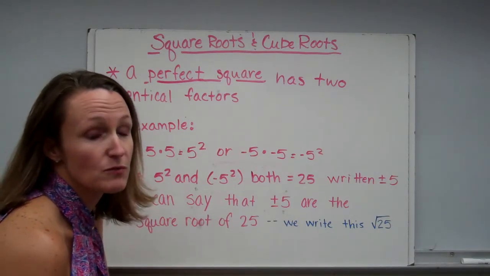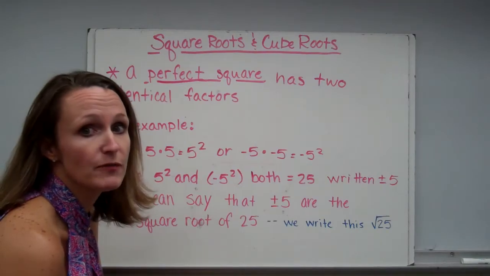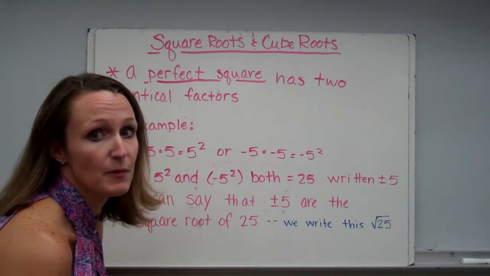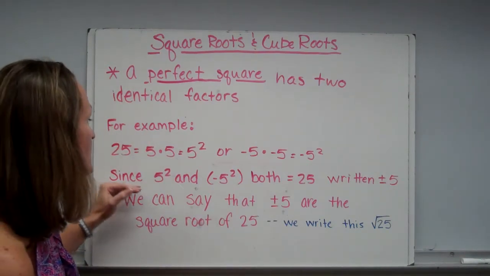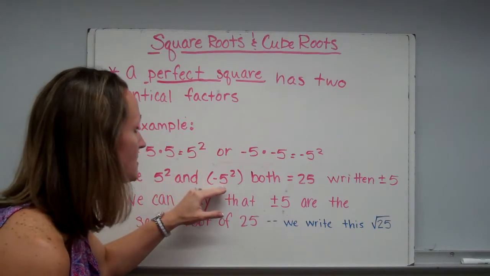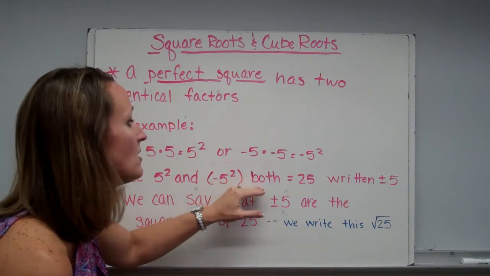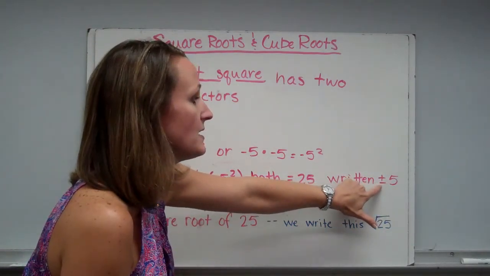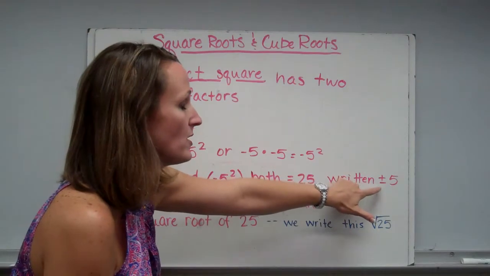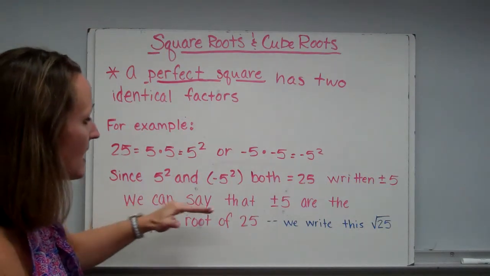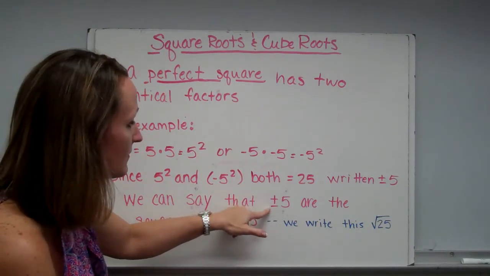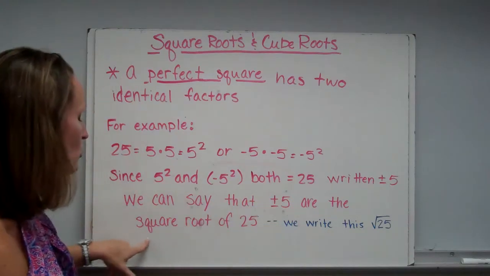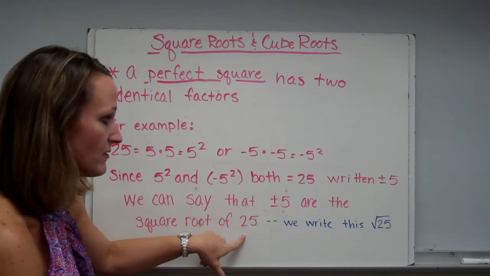So positive 25 has 2 different ways that it can be a perfect square. Since 5 squared and negative 5 squared both equal 25, we can say that positive and negative 5 are the square roots of 25.